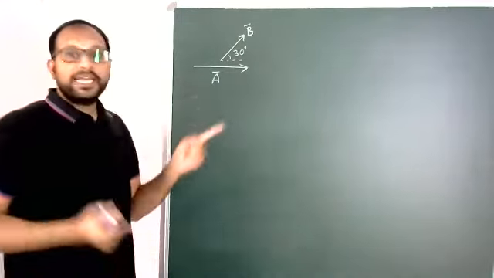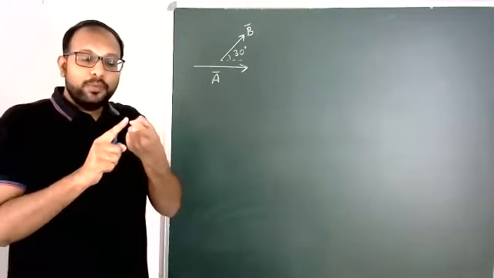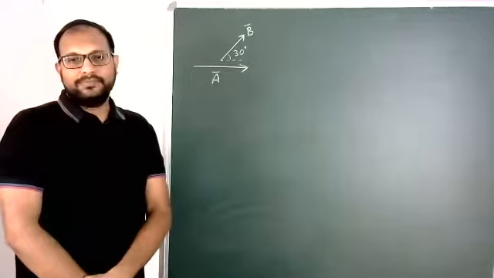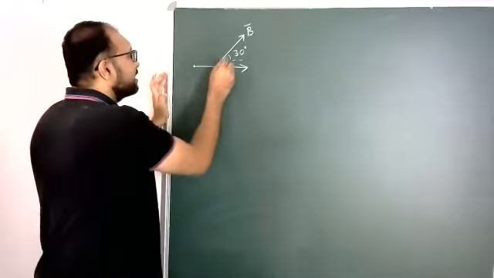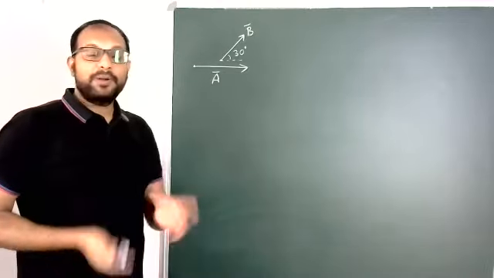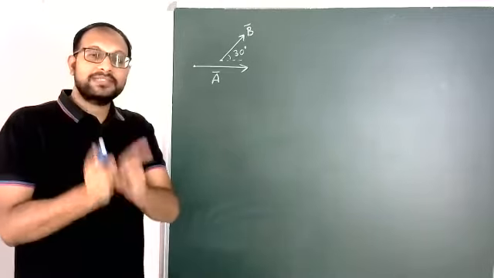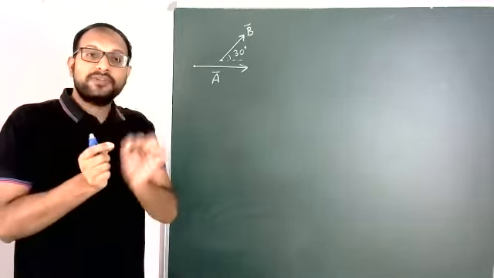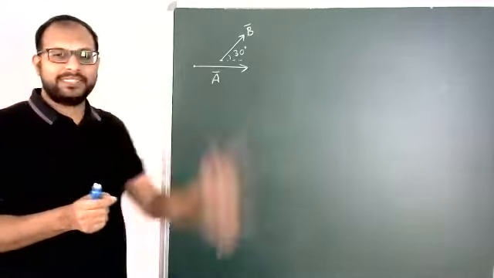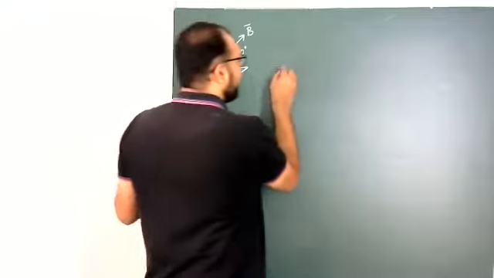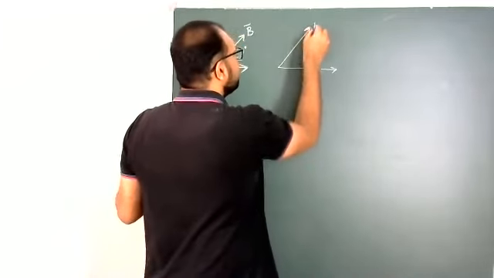But right now in the given diagram, both tails do not coincide. This vector starts from here, this vector starts from here. But what is the first condition to find the angle? We need to draw the two vectors such that they start from the same point, meaning their tails should be in contact. Now I am drawing again. This is A bar, this is B bar.